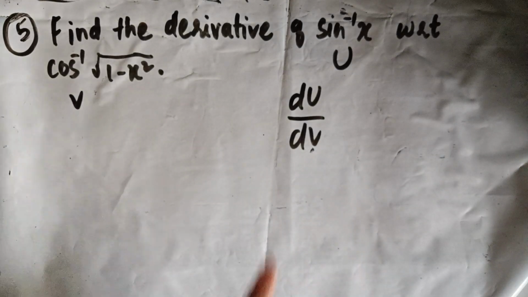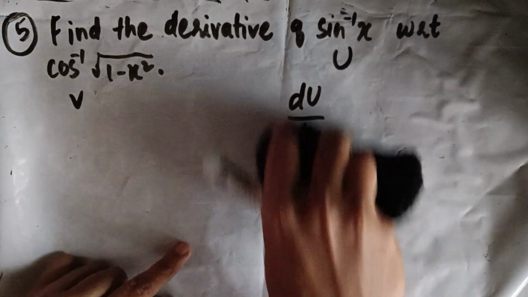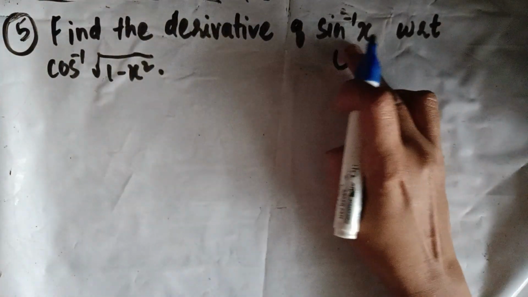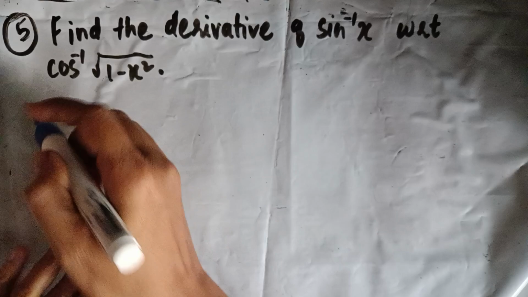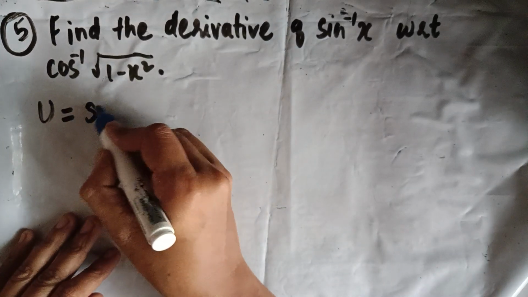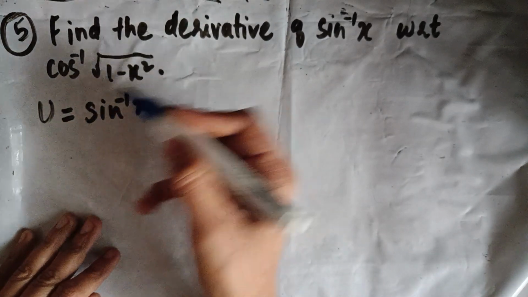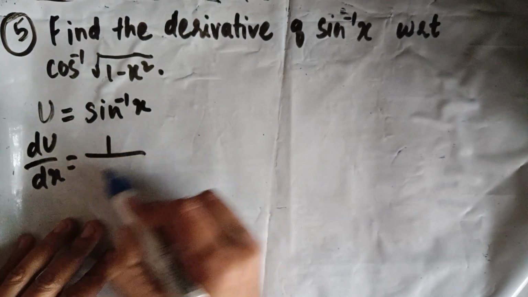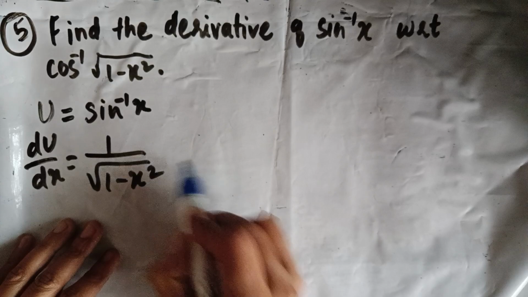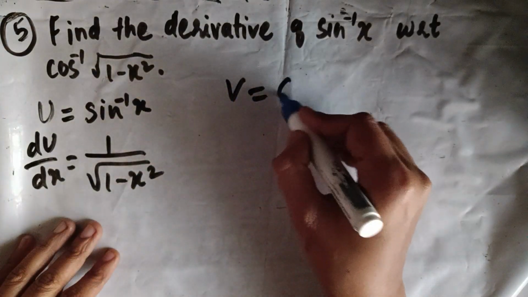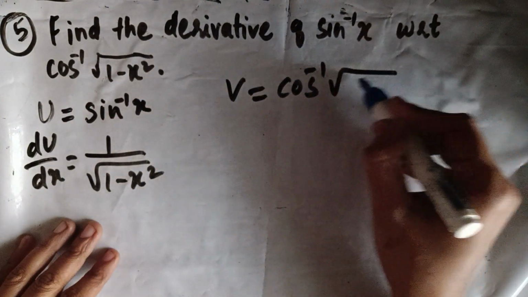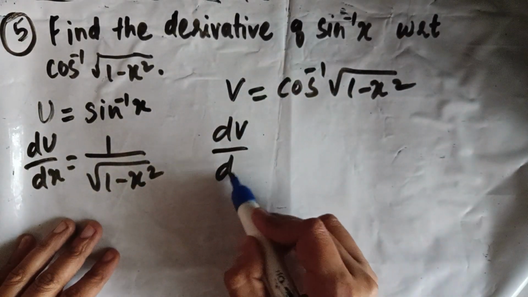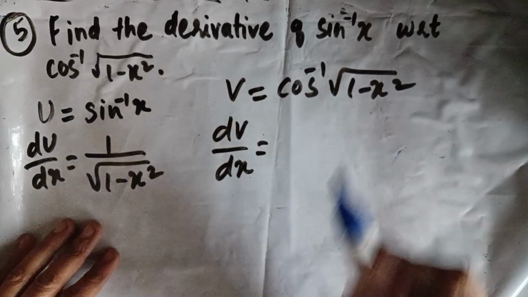Okay. So to find this, you have to first find du by dx and dv by dx. So our u is sine inverse of x. So du by dx is 1 upon root of 1 minus x square. Okay. What about v? V is cos inverse root of 1 minus x square. Okay, so dv by dx is cos inverse of this.